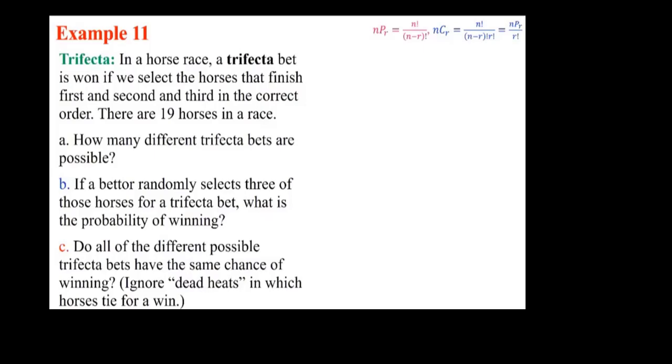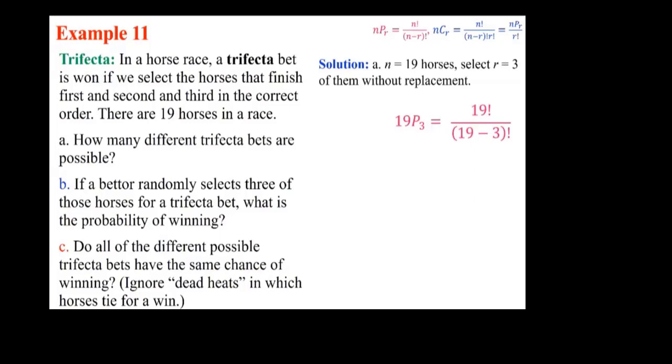Now we need to figure out whether order is important or not. And because a trifecta refers to finding the proper order of winning the race, it is a permutation of 19 choose 3, n factorial over n minus r factorial, and you take it from there.